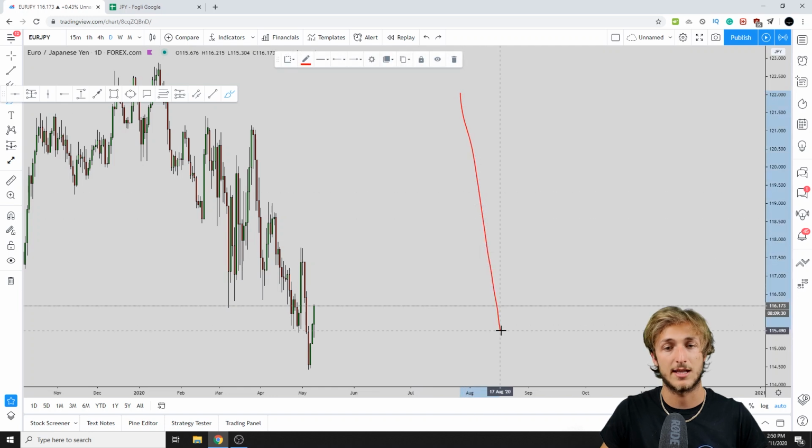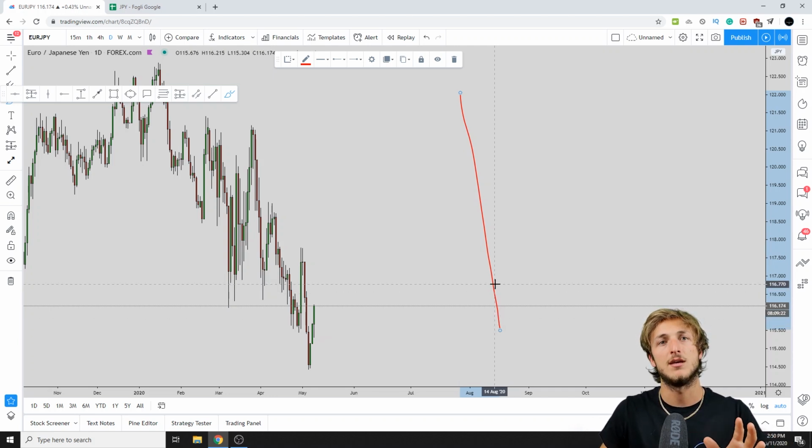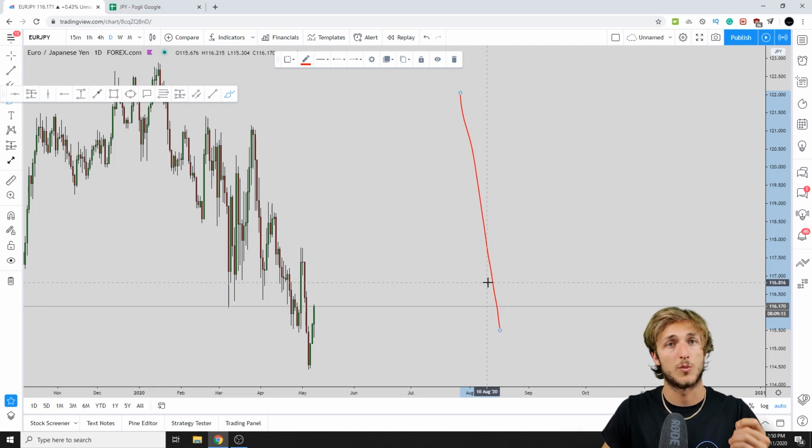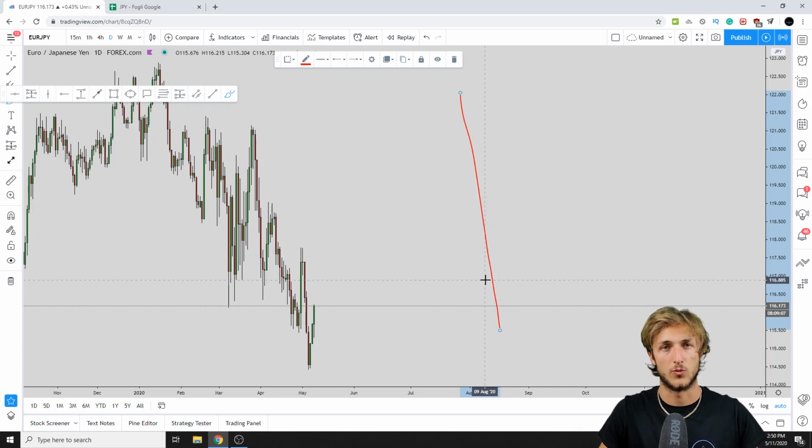The market doesn't just move in a straight line. There will always be retracements along the way, and those retracements are very key when it comes to swing trading. Why? Because you can be using those retracements to actually take trades with a very good probability and risk to reward for the trade to actually play out and pay out very well.